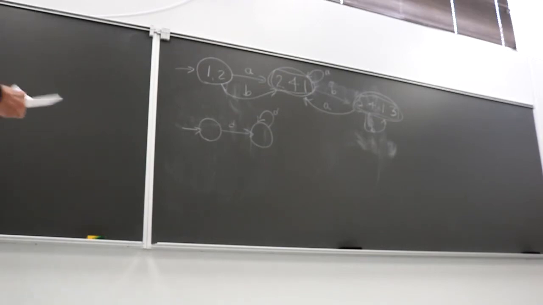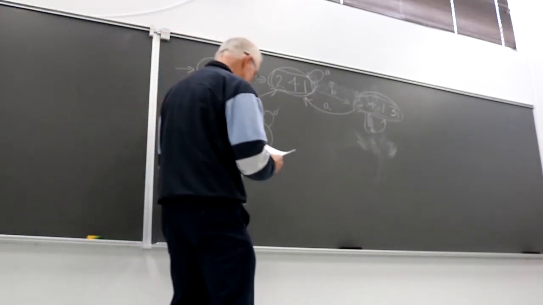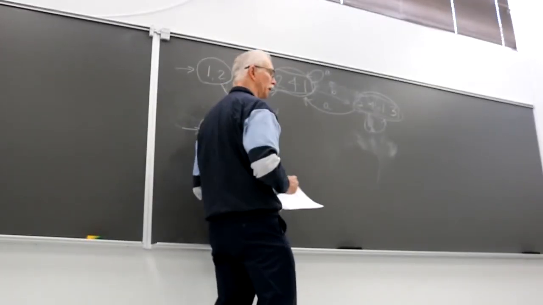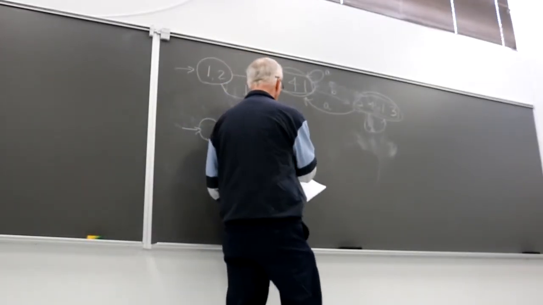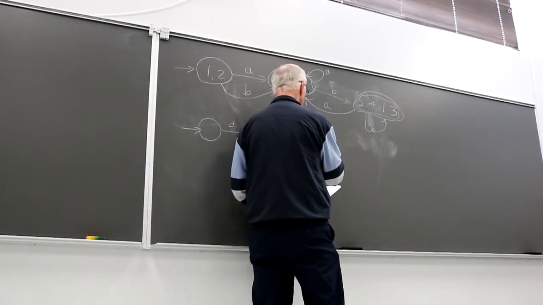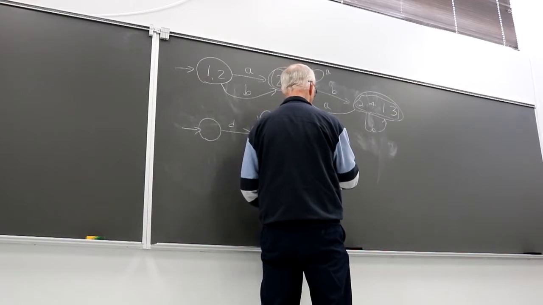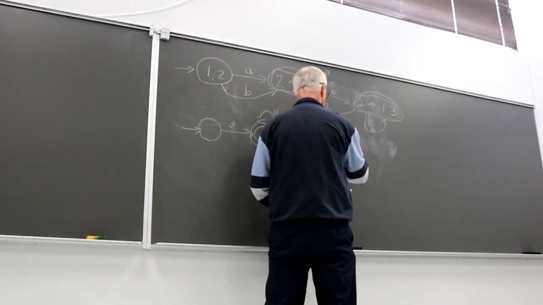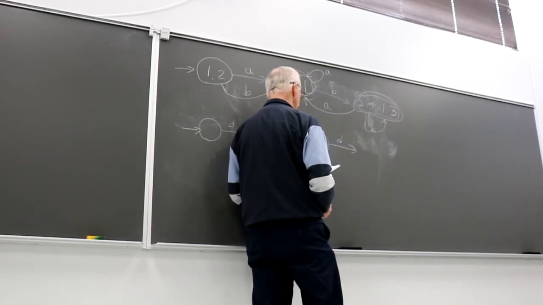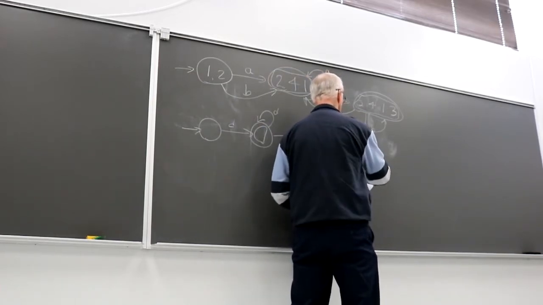So anyway, we might see a dot digit. This might be all we get, so that's a final state. If we see a dot, then we must see a digit. And we can see 0 or 1 of those.